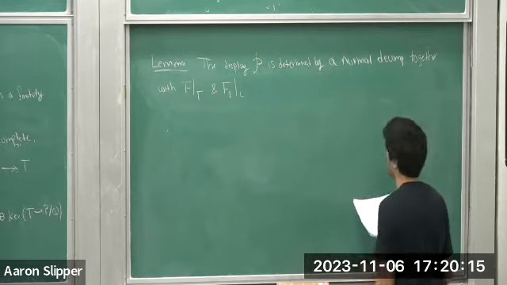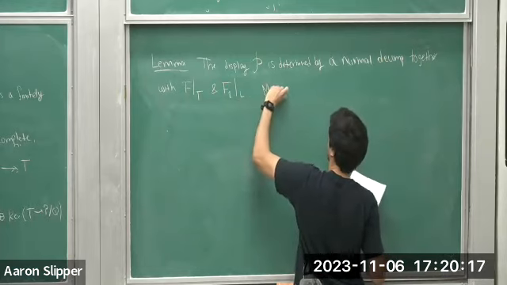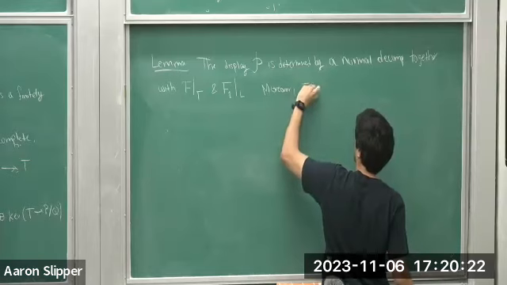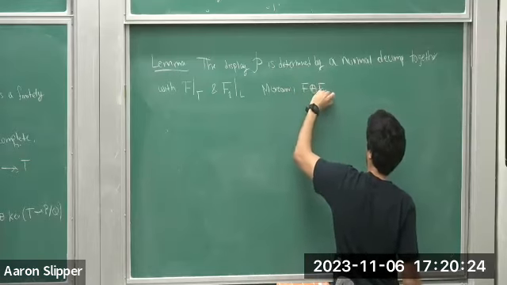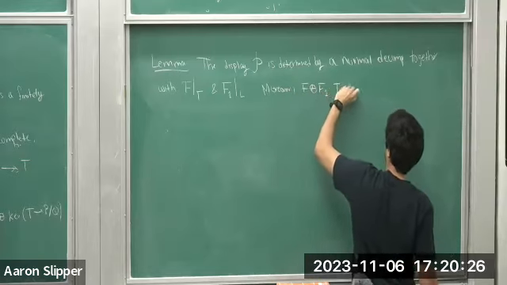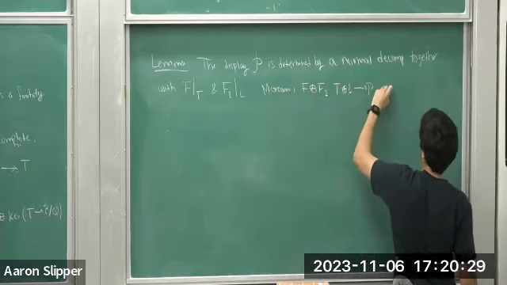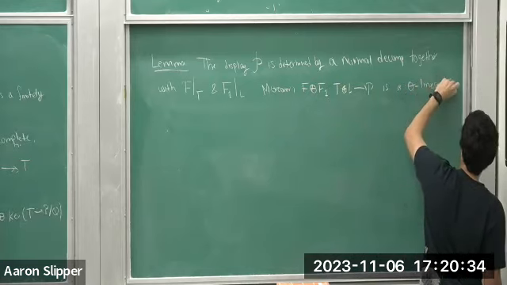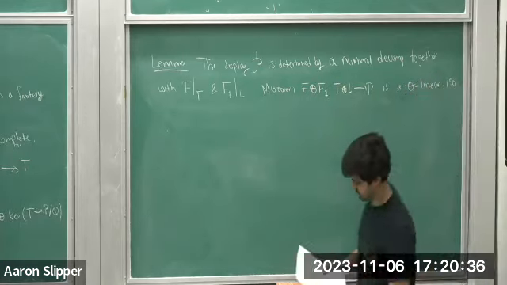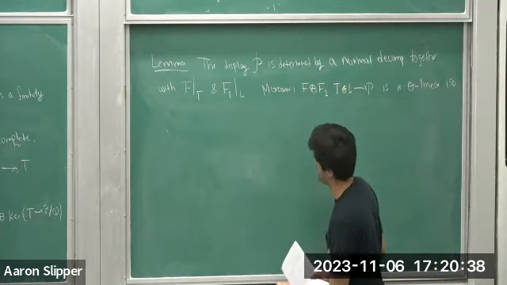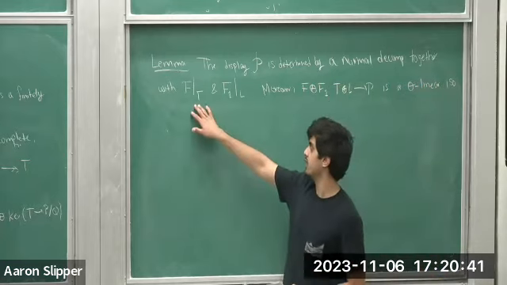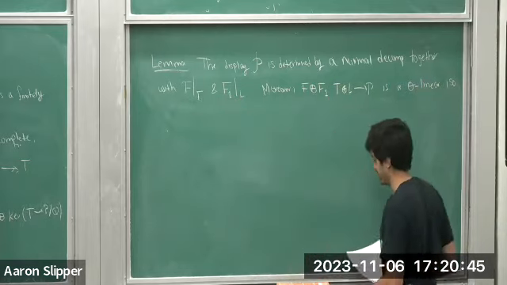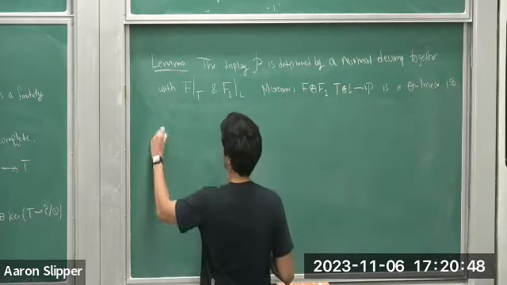And moreover, if you take their direct sum, it is a sigma-linear isomorphism. I guess the claim of the lemma is that you can recover F on L and F1 on T from these two pieces of data.